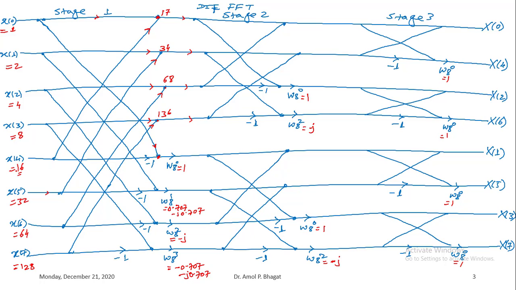So here it will be 16 multiplied by minus 1, so minus 16 plus 1, so it will be minus 15, right? Again here you will have this value that is 2 and minus 32, so it will be minus 30, right?